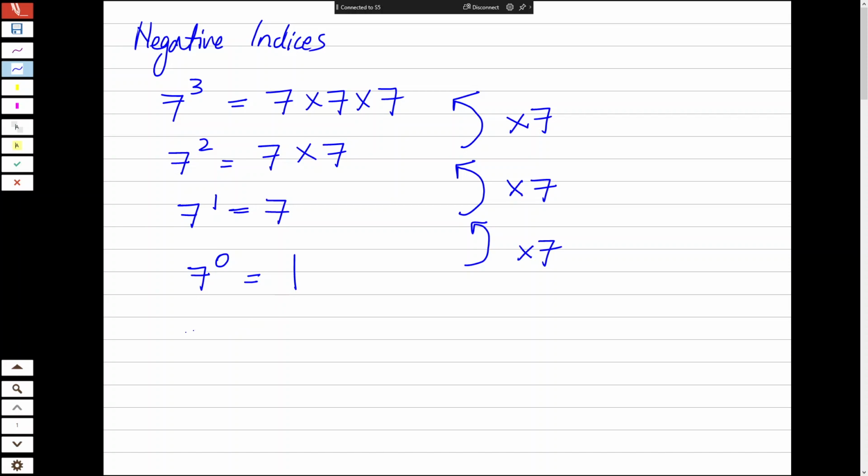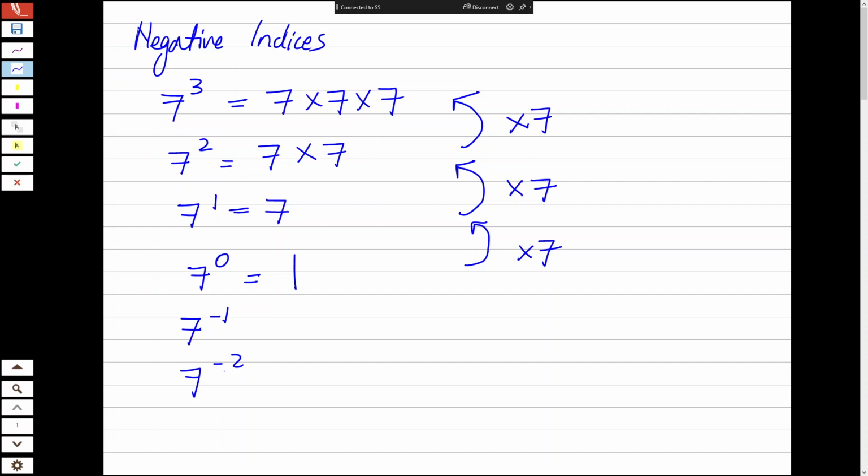Okay. Now we're entering pretty challenging territory as far as year 9 math is concerned. We're now going to define what it means to take 7 to the negative 1 and 7 to the negative 2. You can probably guess where this is going. I want the pattern to continue.